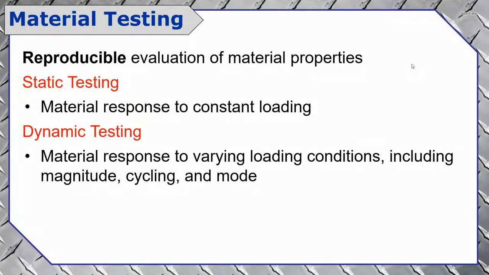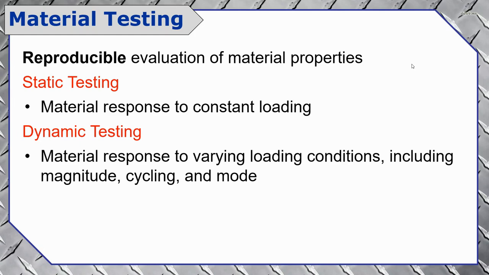When it comes to material testing, there are a wide variety of different tests that are used to test for different sorts of properties. To try to characterize these in broad terms, we have static testing, which looks at a material's response to a constant loading condition. We apply a force, hold it under a constant force for a while.